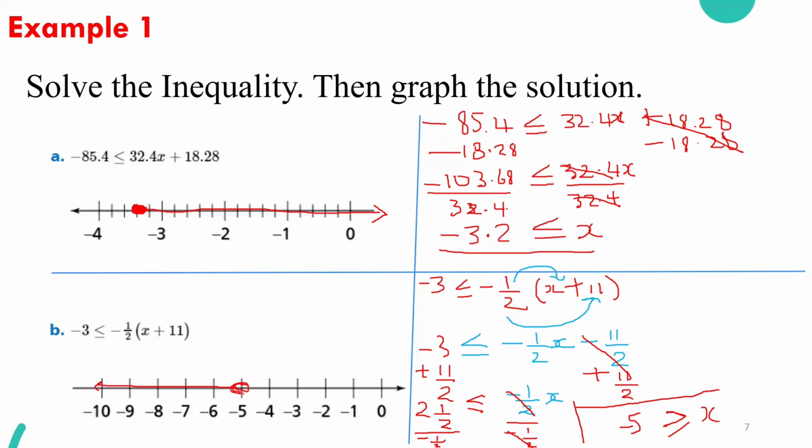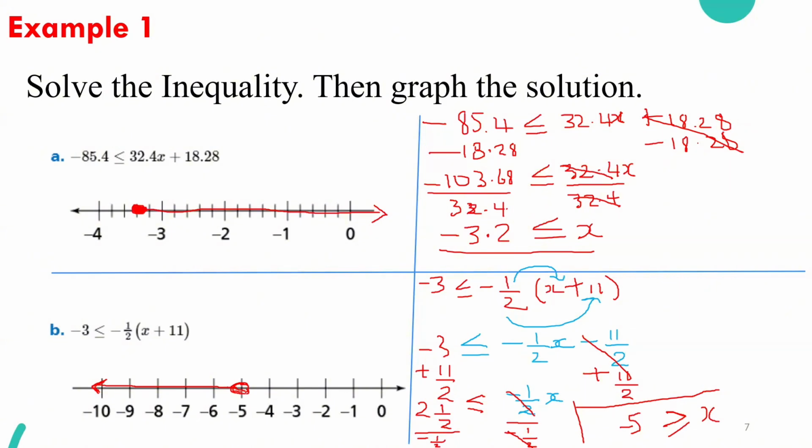Once you locate your point on the number line, you draw your arrow to the left of that value to show that all these numbers to the left are less than -5. This arrow means that it continues because you cannot represent all the numbers on this number line. So x can be -11, -12, -30, -100, -150, -1,000, -1,000,000. But we just draw our arrow because it means it continues.